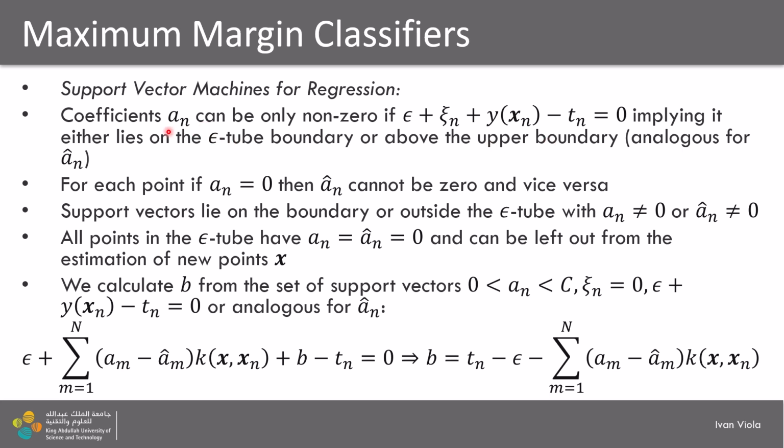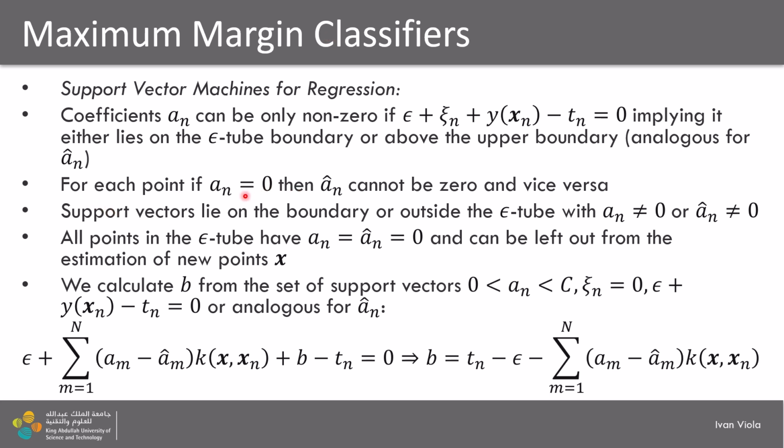Therefore, we see that all the points which are inside the tube will have a_n, and actually a-hat_n also, equal to 0. Also, it is important to mention that for each point, if a_n equals 0, then a-hat_n cannot be 0, and vice versa.